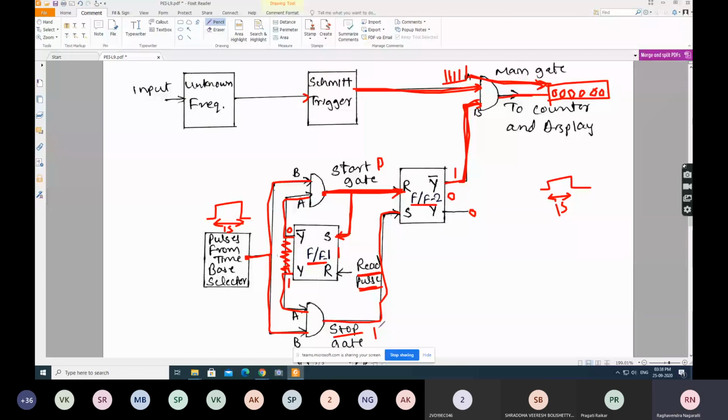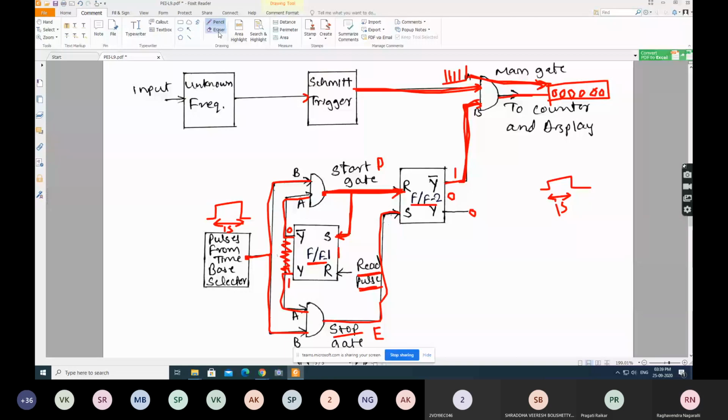So now with the enable of this stop gate, the next pulse from this time-based selector will pass through the stop gate, not from the start gate. Because start gate is disabled and stop gate is enabled, the next pulse from the time-based selector will pass through this stop gate and is given to the set pin of the SR flip-flop 2.